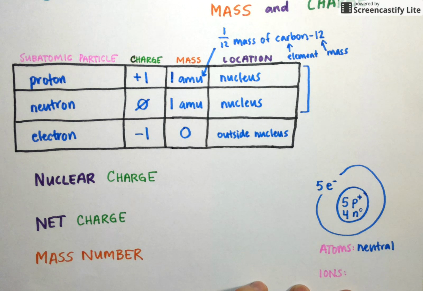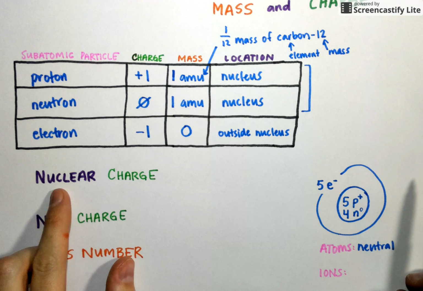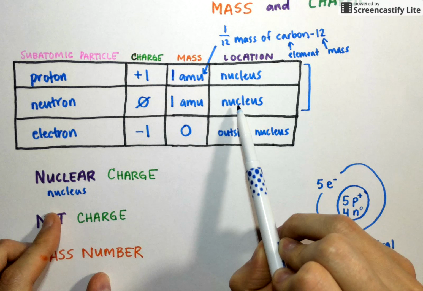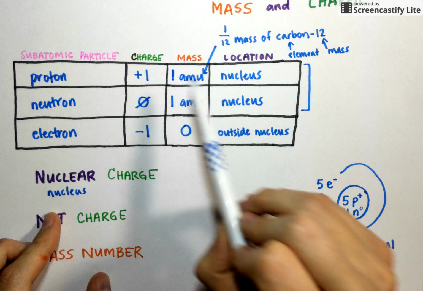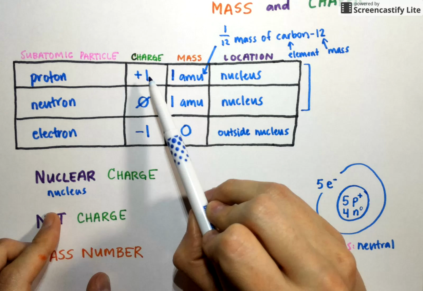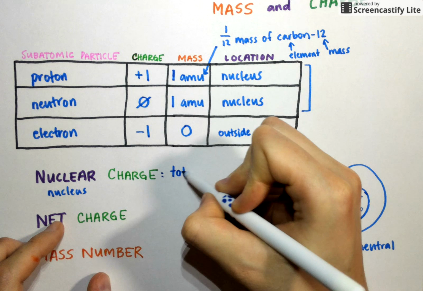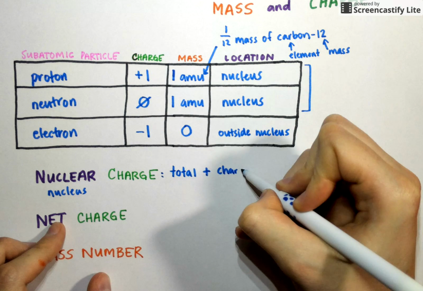The electron, on the other hand, is so tiny that it really has no bearing on mass whatsoever. Yes, it does actually have a tiny bit of mass, over 8,000 times smaller than a proton. But big picture considered, when we're looking at the mass of the atom, it contributes absolutely nothing.